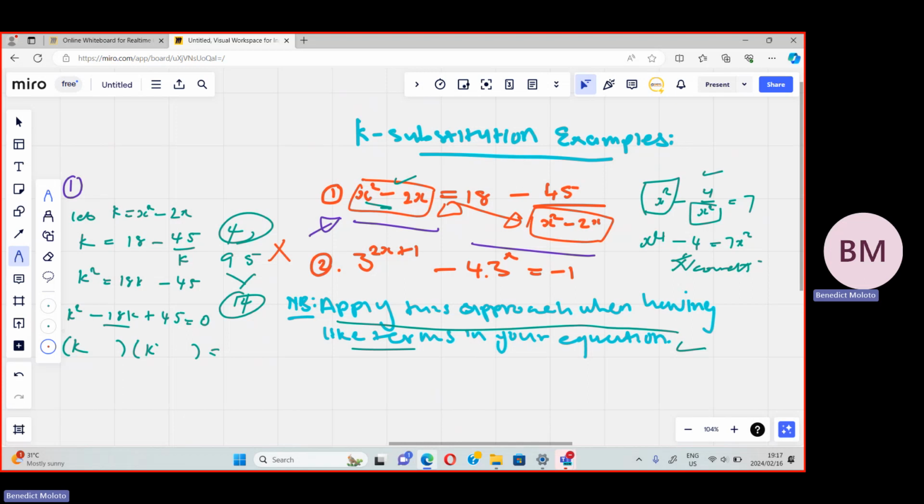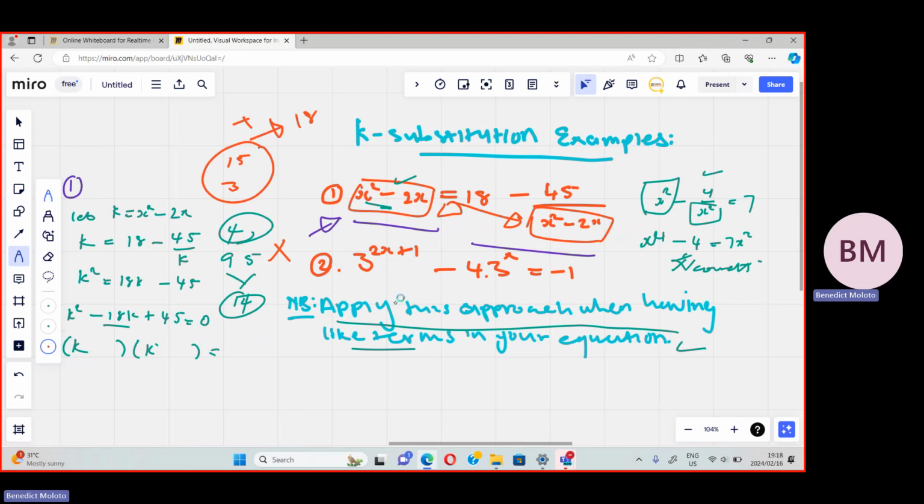Let me try to find the factors real quick. Okay, the factors that I got are 15 and 3. When we add these factors, we get 18, so these are the real factors.